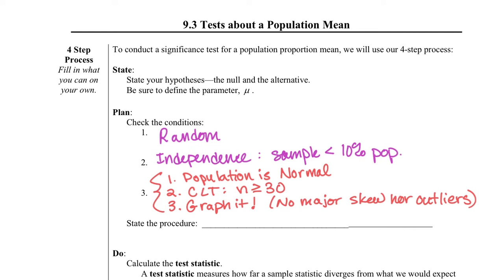And third, just graph it. If there's no major skew nor outliers in a graph of your sample, and this is pretty broad, then you are fine and you can proceed with a one sample t-test. So notice this is going to be our t, not our z, test for means.